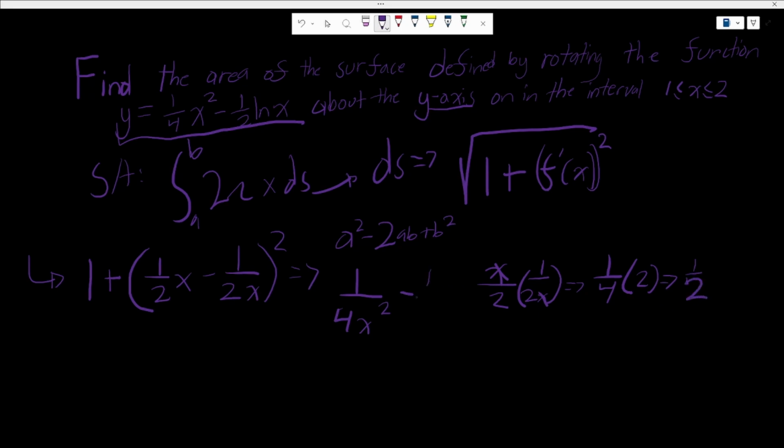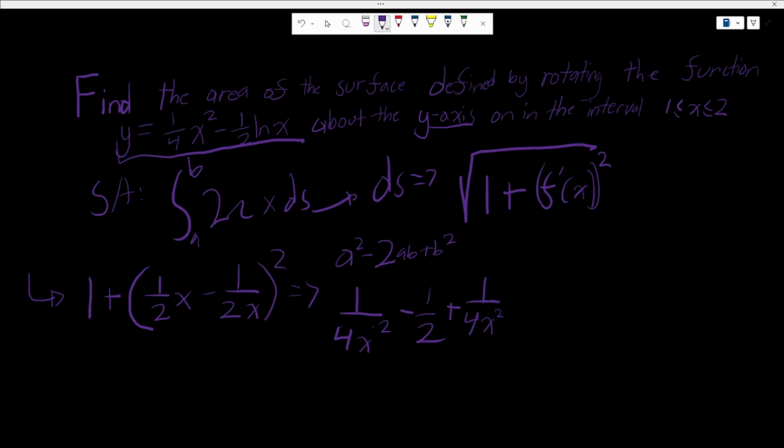So we'll have minus 1/2. And then plus b², which is just going to equal 1/4x² in the denominator, and this actually should be on the top, x². If we simplify this, we'll have 1/4 x² − 1/2 + 1/(4x²).